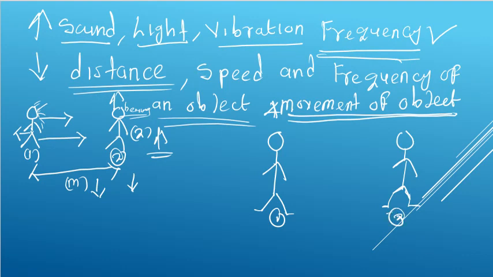So now, if this guy is traveling in this direction, approaching this guy, and we imagine that he is screaming, producing sound, then the frequency of sound that person 1 is producing is going to be called the frequency of the source.